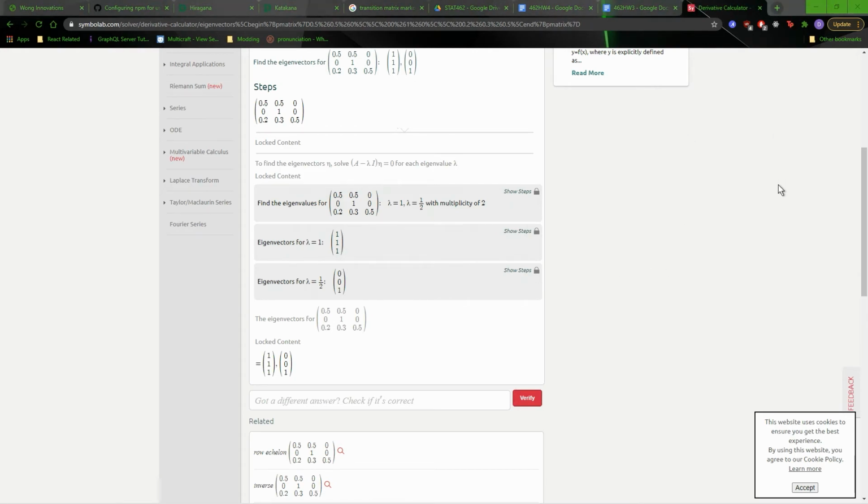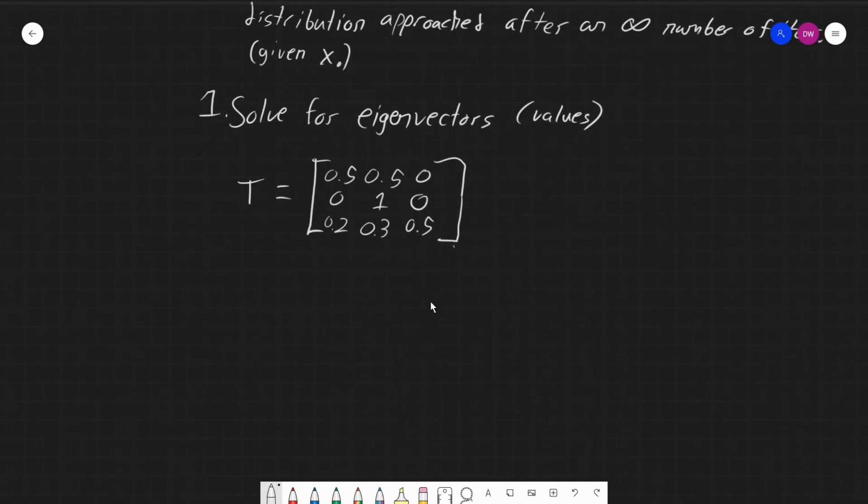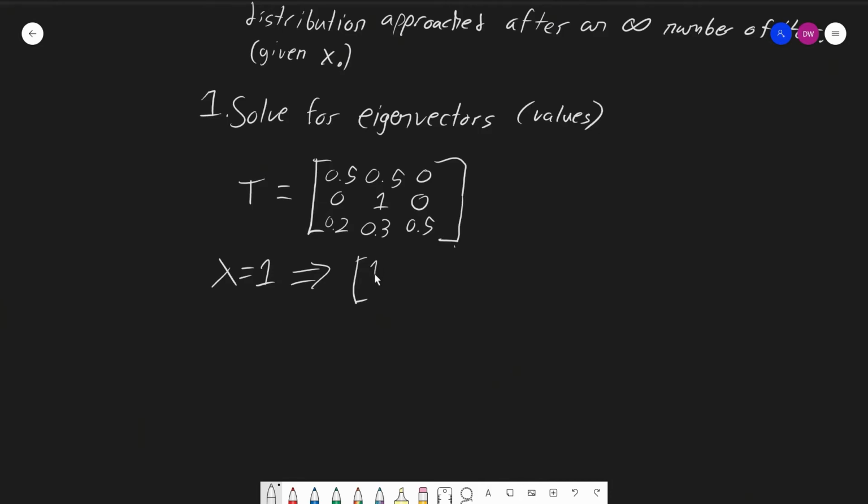So what this actually means is that if we write that vector down, at lambda equal to 1, we found that the eigenvector is 1, 1, 1. I can write this sideways, that's fine. That's our eigenvector.